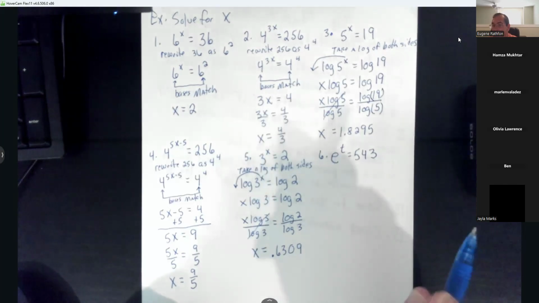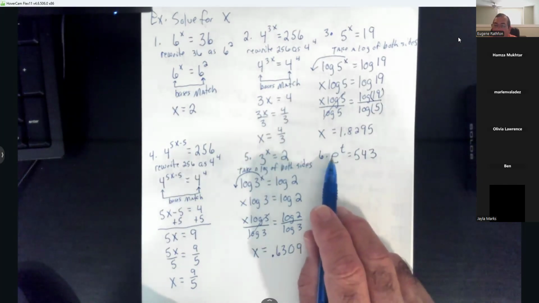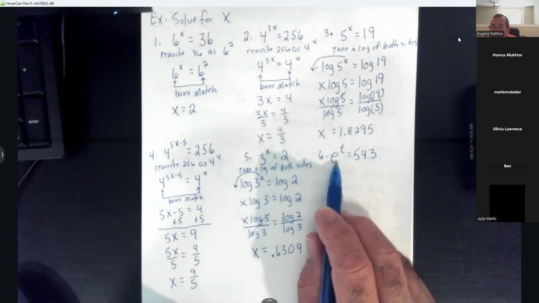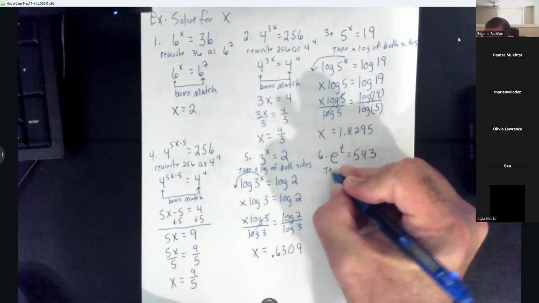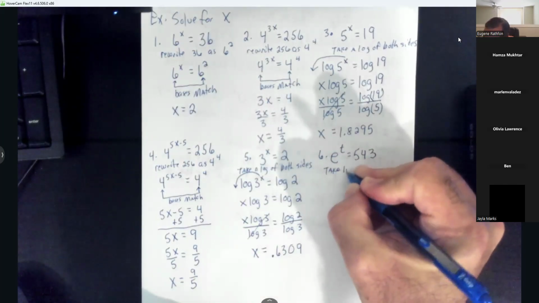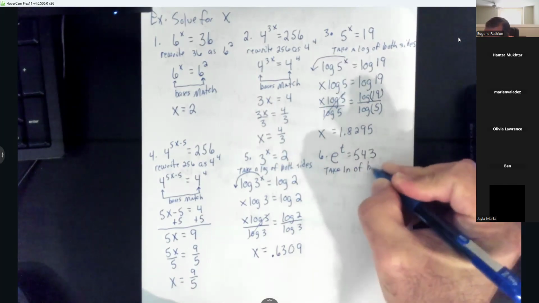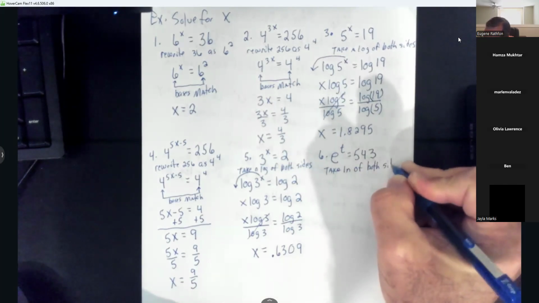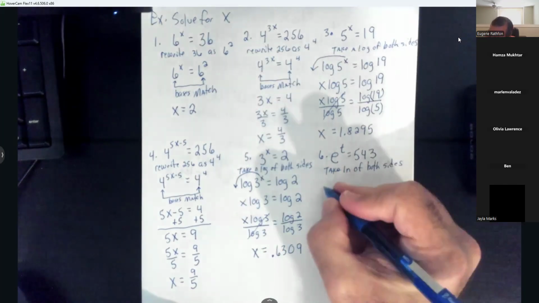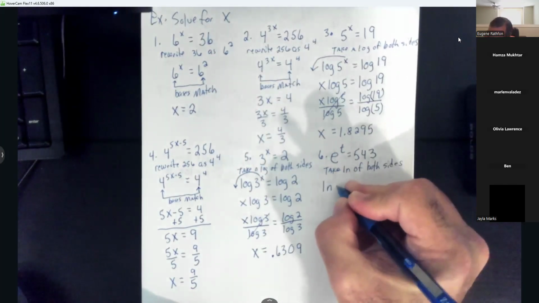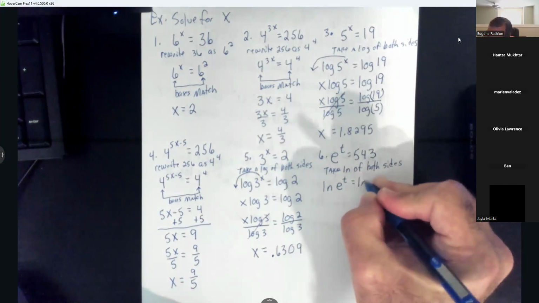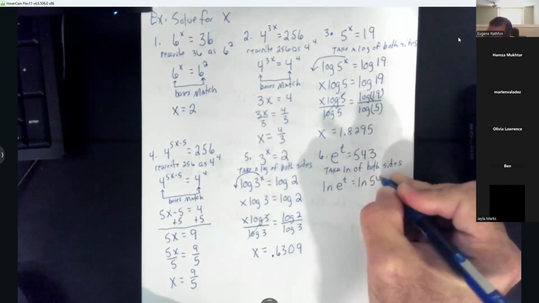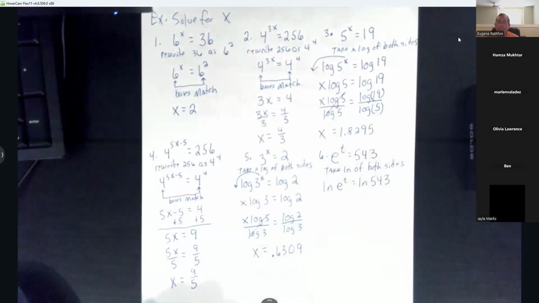No way I can do that. But y'all, since this has the e for the base, I'm going to take a ln of both sides. So I'm going to have the ln of e to the t equals the ln of 543.